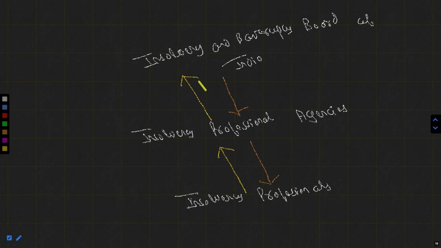This is the flowchart. Got it? Insolvency and Bankruptcy Board of India, then the insolvency professional agencies, then the insolvency professional.